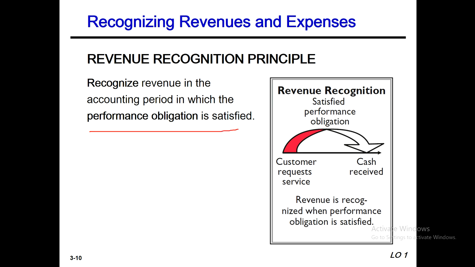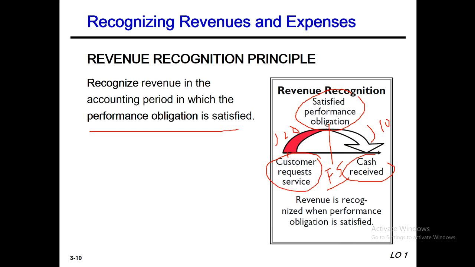Suppose this is June 20, the customer requested service, and the cash receipt is July 10. Suppose we are preparing our financial statements here. I will show this part later.